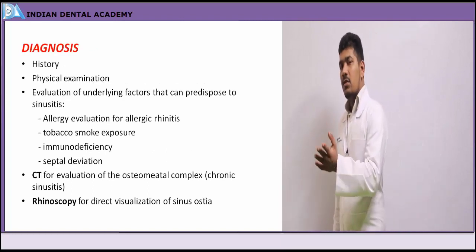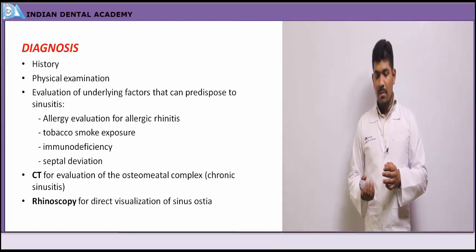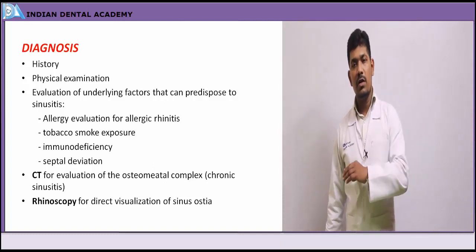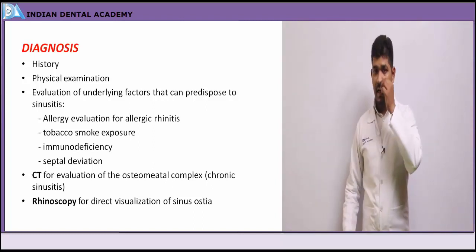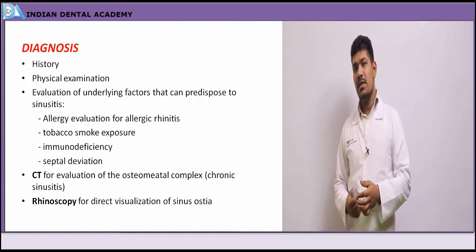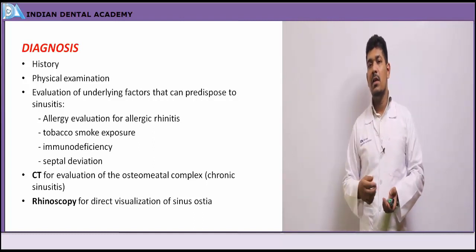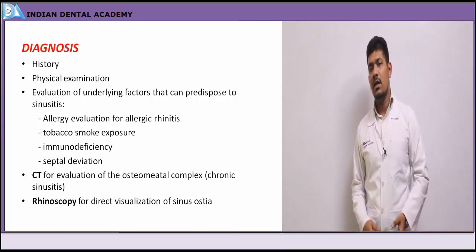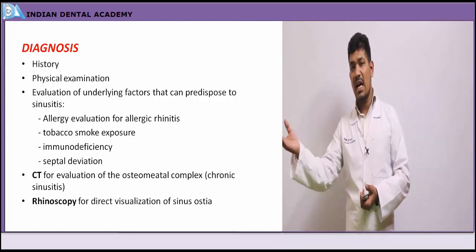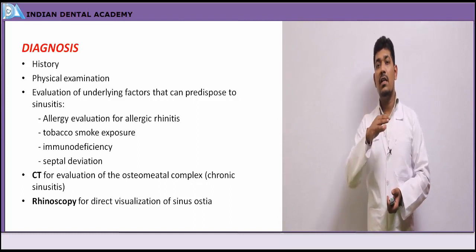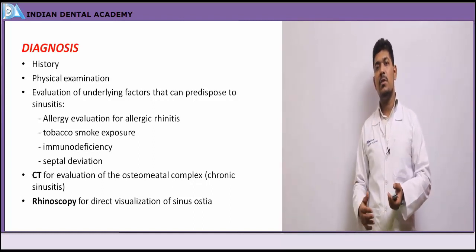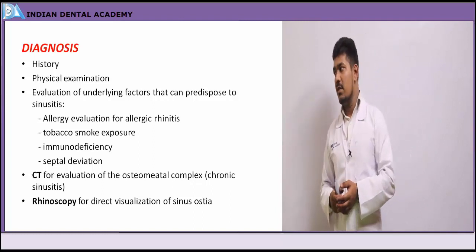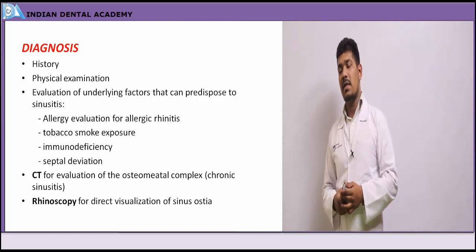Now, how do we diagnose sinusitis? First, starting with your history, which is most important as in any other case, then your physical examination, because most of the time your orofacial morphology gives a hint as to the presence or absence of this condition, and even a deviated nasal septum, one of the most common causes of sinusitis, comes under physical examination.